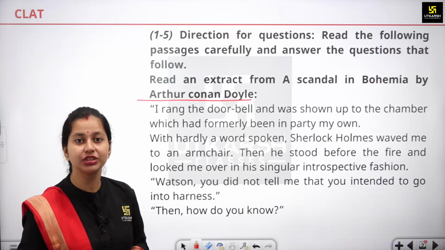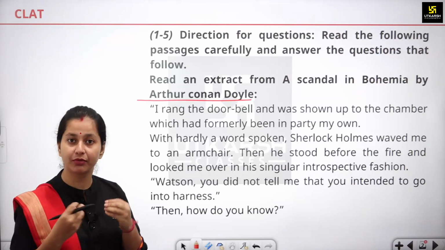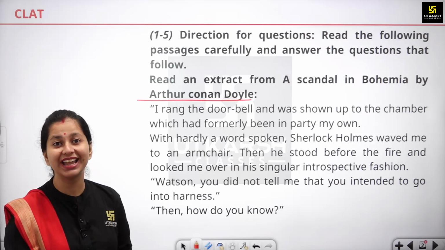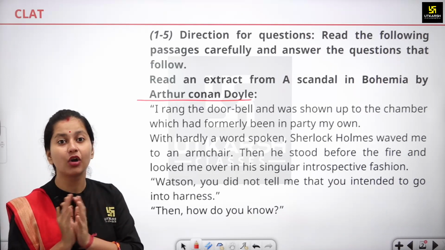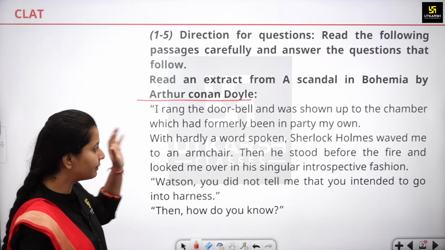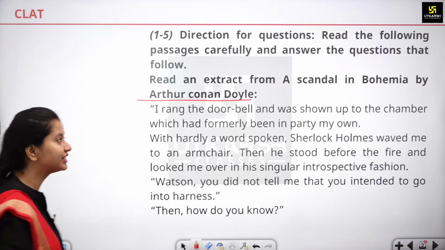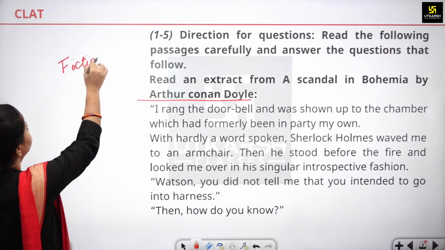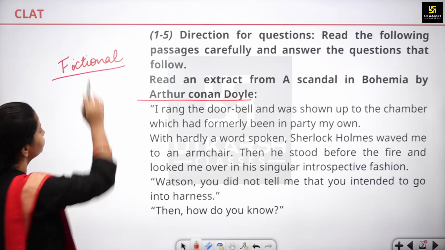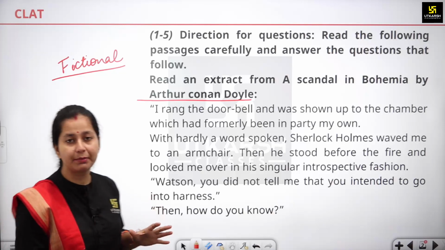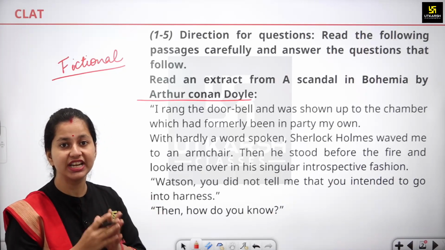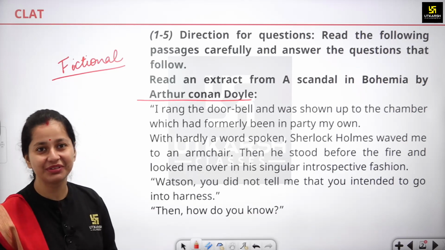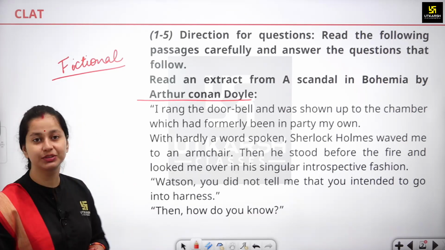And those passages which are derived from any type of novel, story or abstract are called fictional passages. So this particular passage is a fictional kind of passage. In this paper, there were 6 passages, each followed by 5 questions. Now let's start with the first passage.